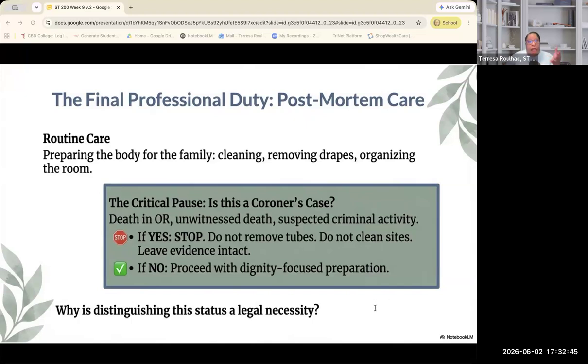When we do our timeout, for example, which we'll talk about in module 3, those certain things we know for a fact. Also, when you see officers standing outside the operating room, nine times out of 10, you'll kind of be like, okay, we know this is a little bit more than just a regular postmortem case.